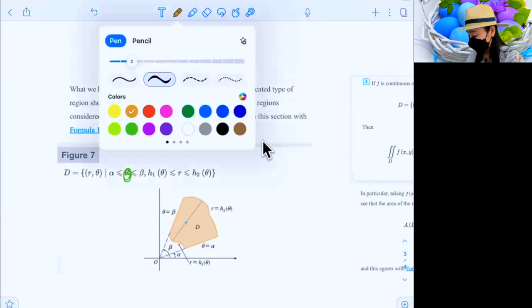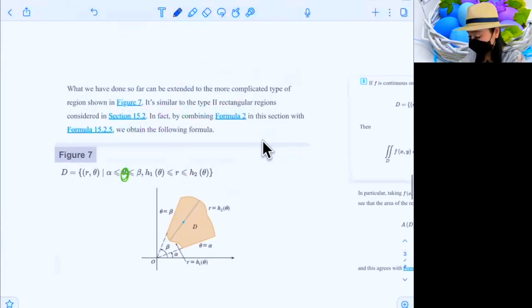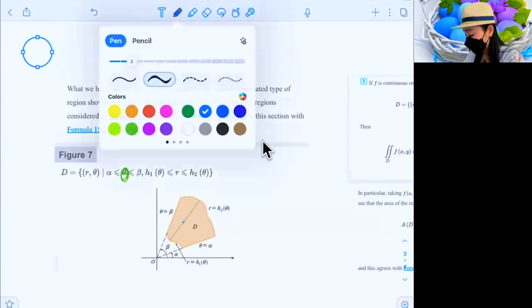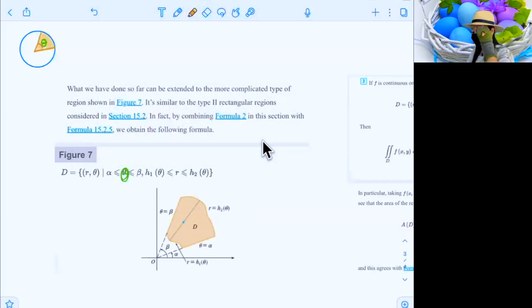First of all, do you guys remember, suppose we have a circle, and we try to find this segment of the circle, what will be the area of this segment? Suppose that the radius here is r, and this center angle here is theta. What is this area over here? Anyone?